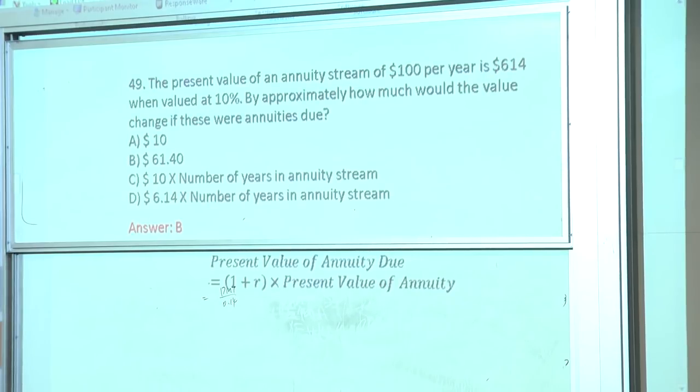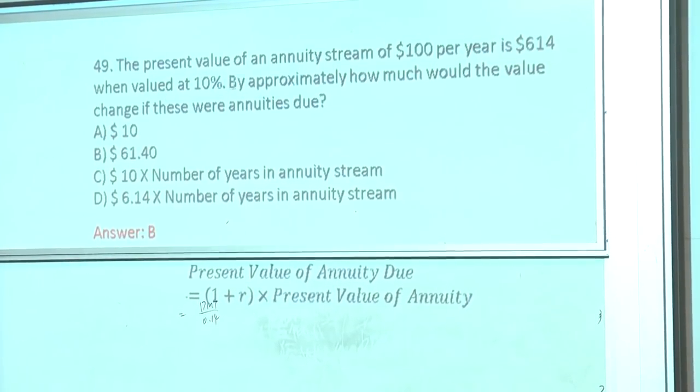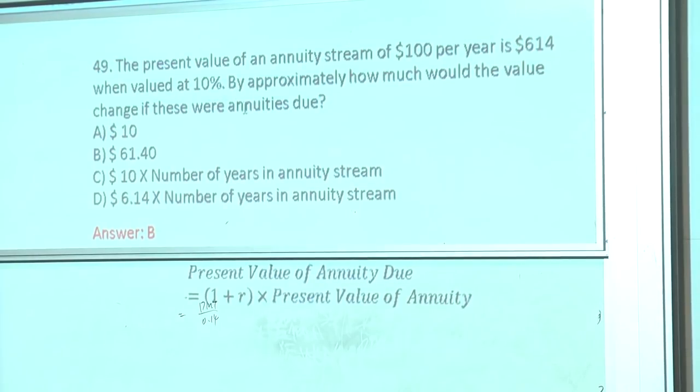49. The present value of an annuity stream of $1 per year is $6.14 when valued at 10%. By approximately how much would the value change if these were annuity due? So we just calculate the present value of that annuity due and subtract. The present value of the annuity is $6.14.